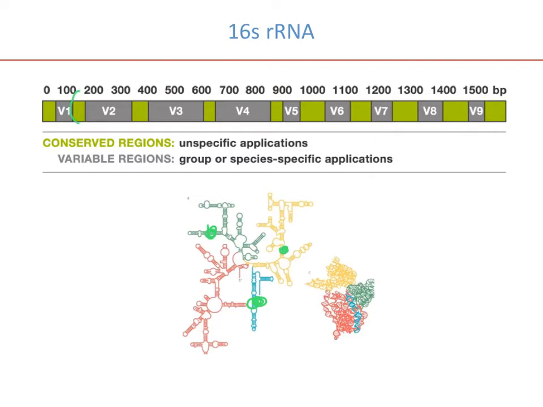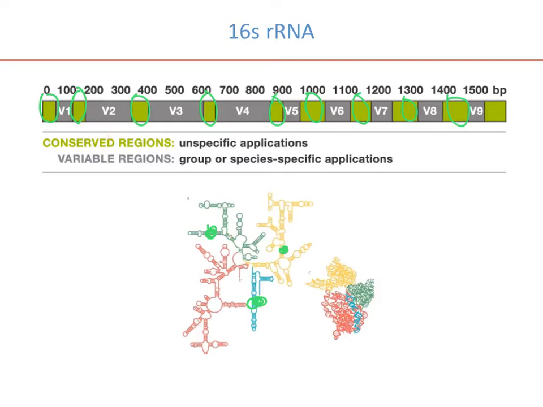And you can see up here that in our diagram of the 16S rRNA gene, we have these lime green regions that correspond to this two-dimensional structure. So this is what it looks like on the genome.